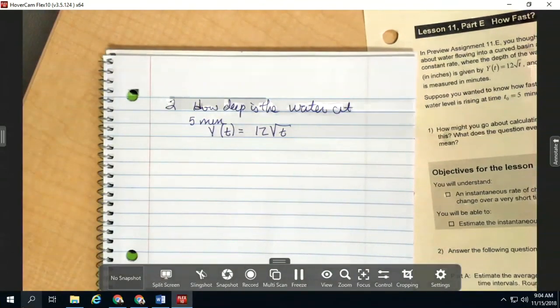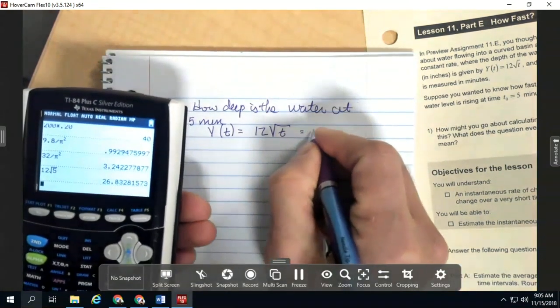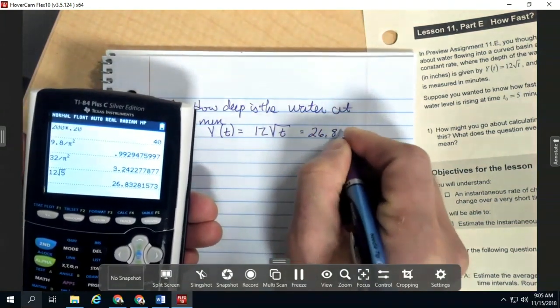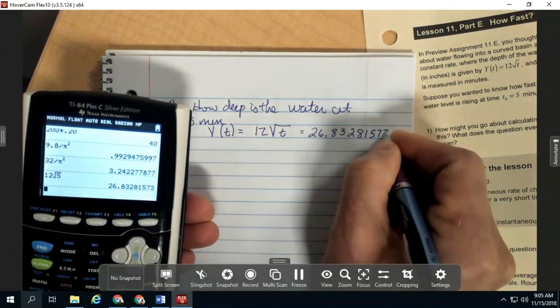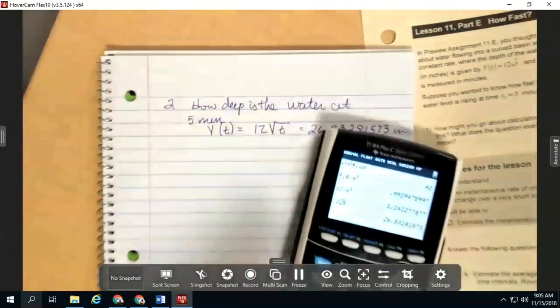What are we going to press? Say 12 square root 5. And then when I press that, I get the water depth is 26.8328153 inches.